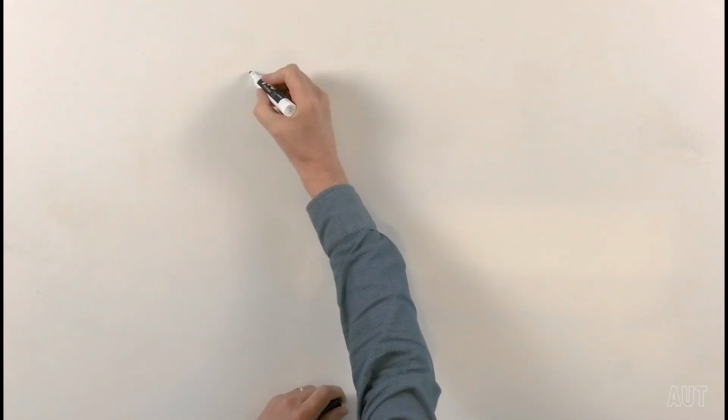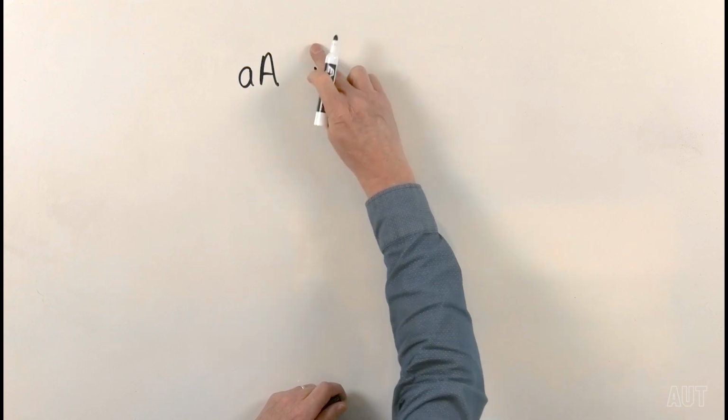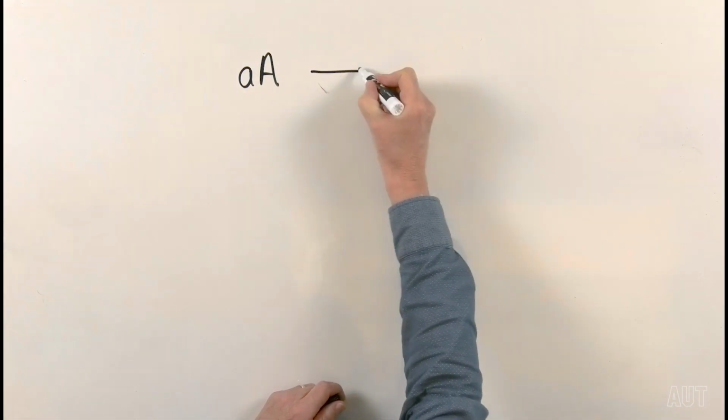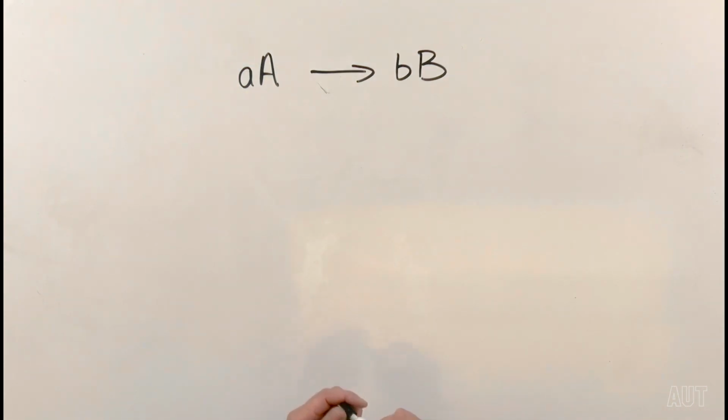Okay, so let's start off by looking at a good old generic chemical reaction. a moles of A is going to react to give us b moles of B. Okay, so how are we going to define the rate of this particular reaction? Again, rate is all to do with how fast or how slow a chemical reaction occurs.